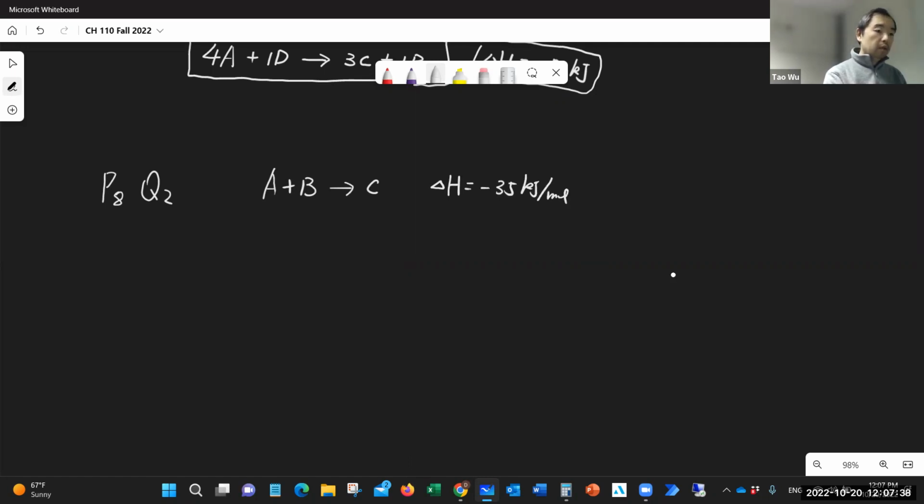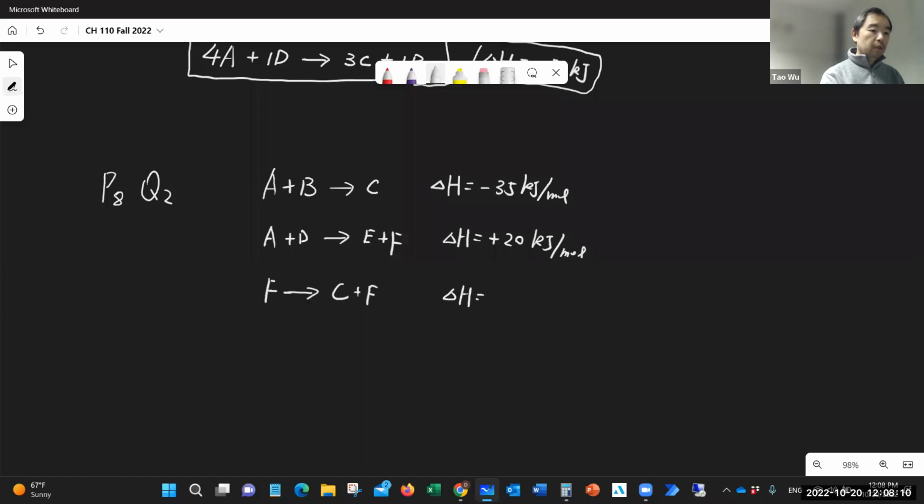The second one is A plus D to form E plus F, and the enthalpy is +20 kilojoule per mole. The last one is F to form C plus E, and the enthalpy will be +15 kilojoule per mole.